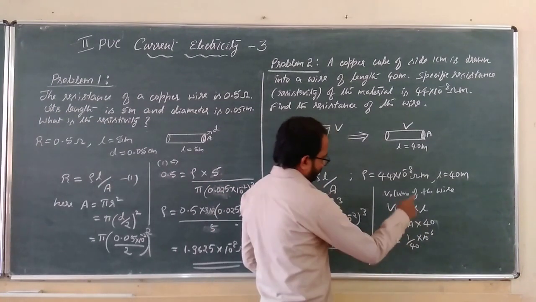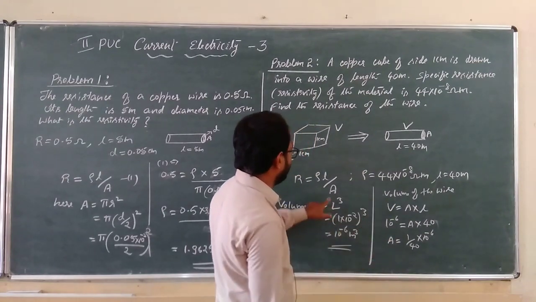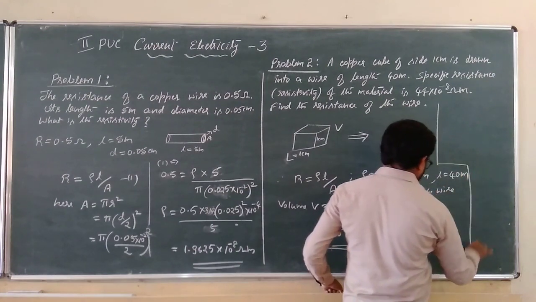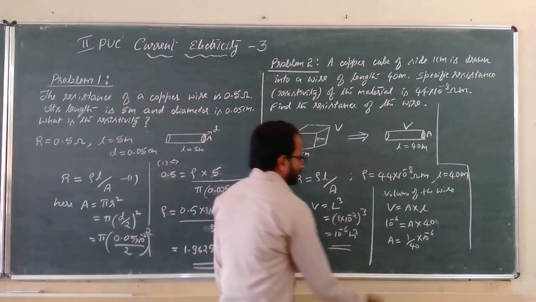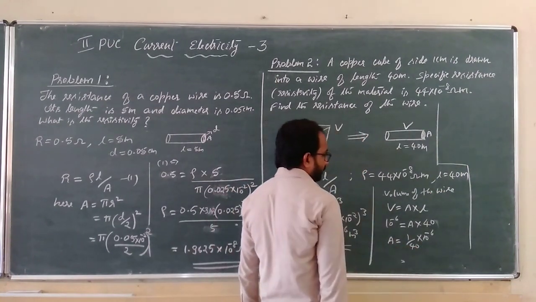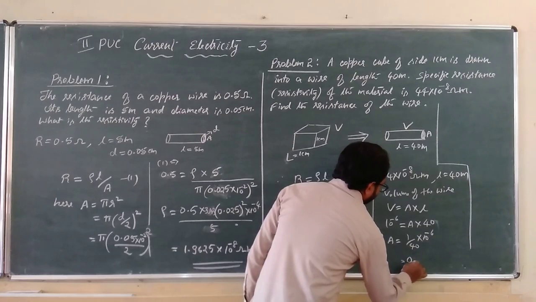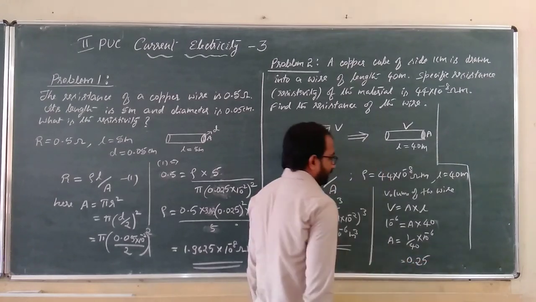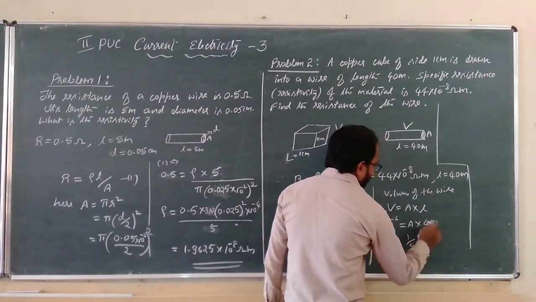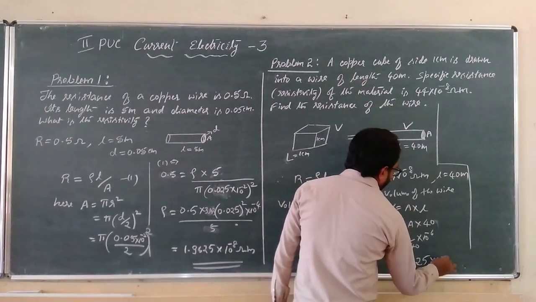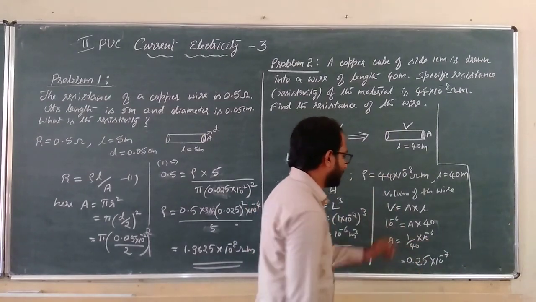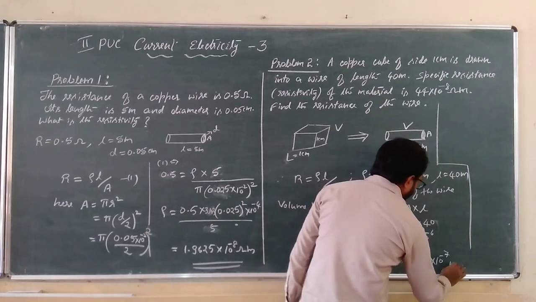Once you get the value of the area, substitute here. So how much is this? 1 by 4 is 0.25, so this is 0.25 into 10 to the power of minus 7 meter square.